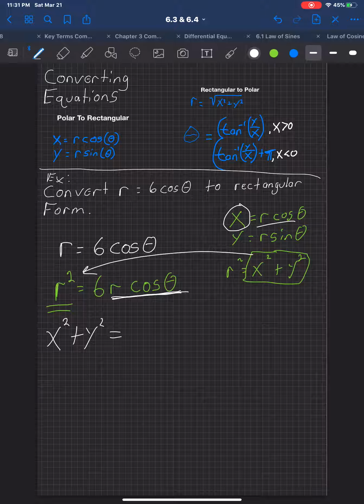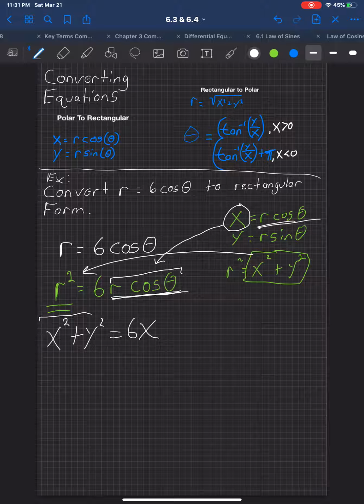So I'm just going to substitute x in for r cosine of theta. And what would I be left with? Well, it was 6r cosine of theta, but now since r cosine of theta is the same as x, I can just rewrite this as 6x.